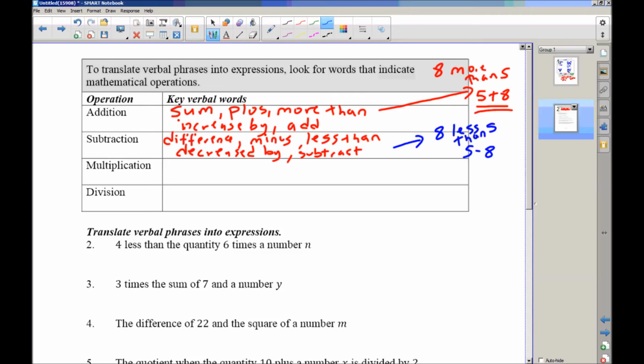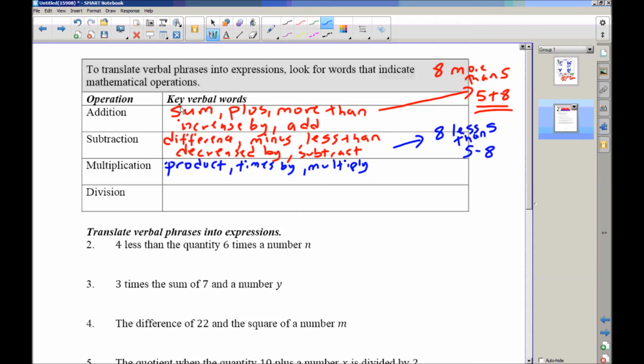Okay? All right, so for multiplication, we have product, times, by, multiply, and then we'll run into some other ones while we're doing the problems.